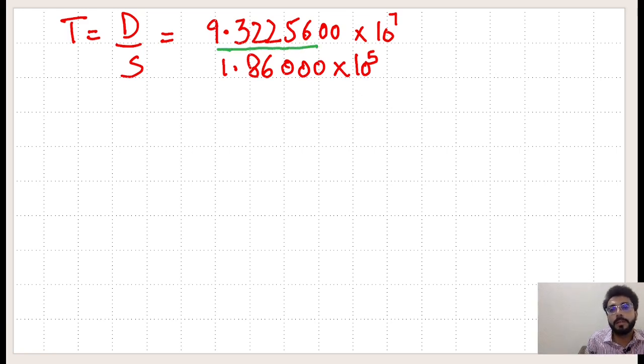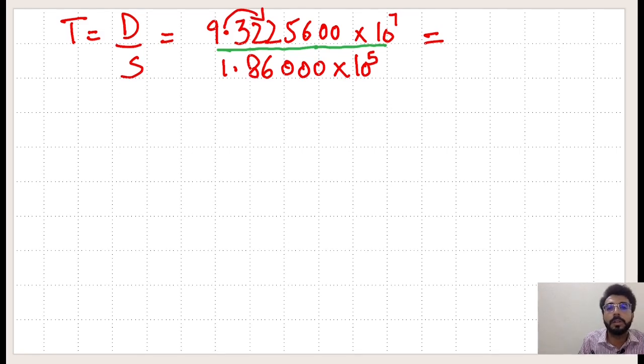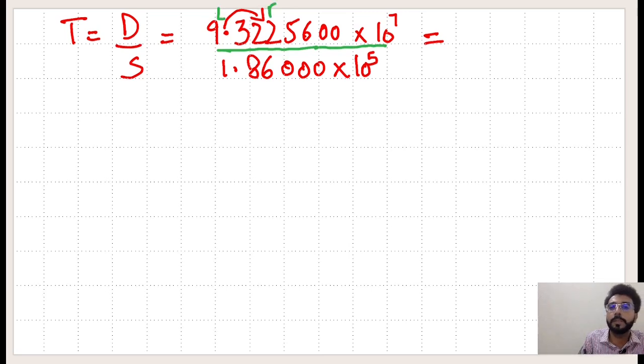So you have to divide these two terms. First of all, we remove the decimal point and move this decimal point toward the right side. 1, 2, 3, 4, 5, 6, 7. Now we move the decimal point from left to right, so the exponent will be negative.